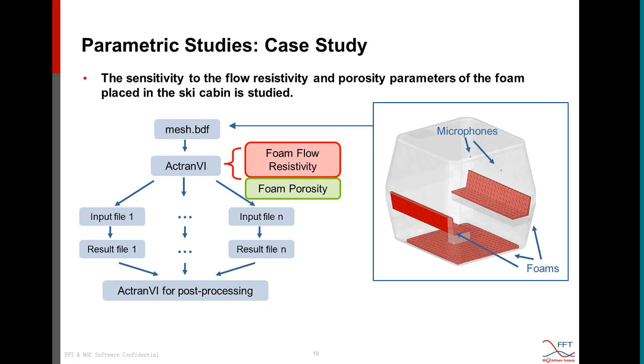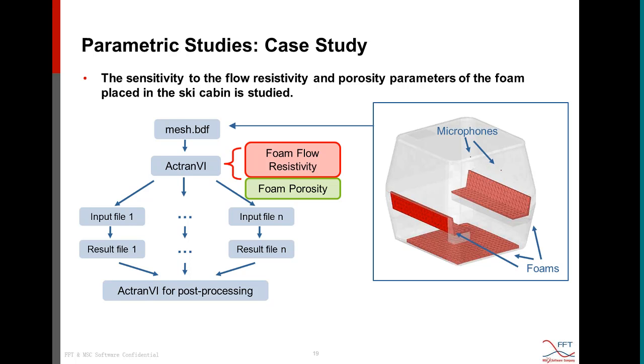Okay, so let's look at this last case study. It is a parametric study of the acoustically treated ski cabin that we have seen previously. Here, the parameters of interest are two properties of the porous material on the seat, the carpet and the floor, which form the acoustic treatment.